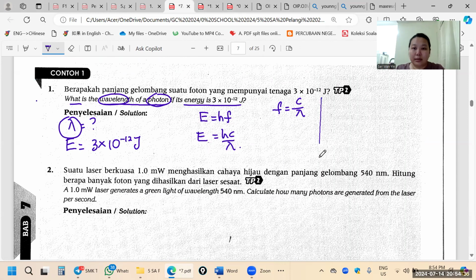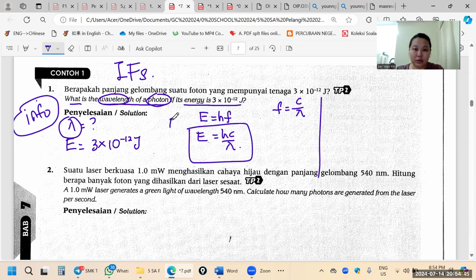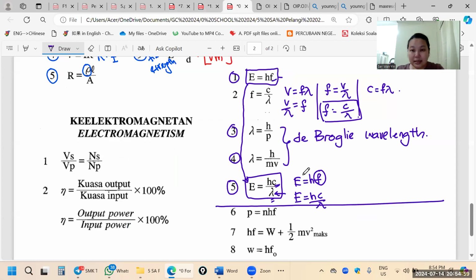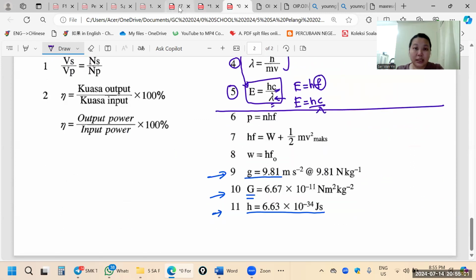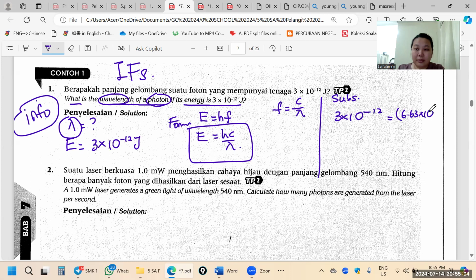So now we can substitute. So write the info, then choose your formula, then we substitute. So E equals to 3 times 10 to the power of negative 12 equals to h, which is 6.63 times 10 to the power of negative 34, h. c is 3 times 10 to the power of 8, divided by lambda.